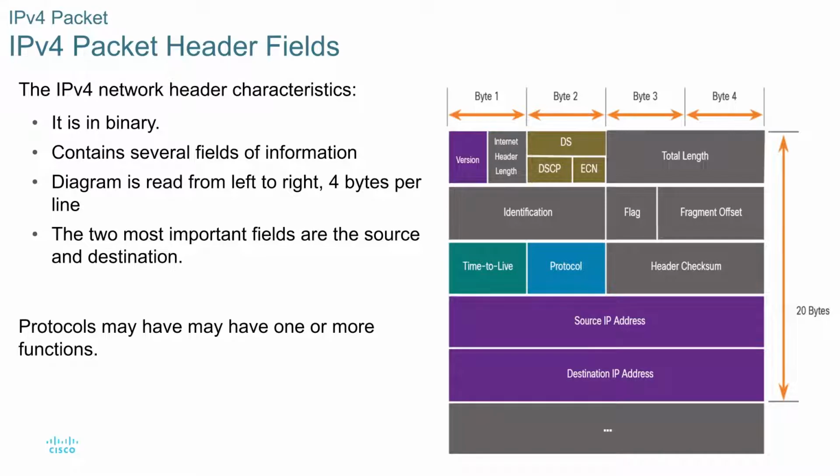As we can see here, first, all the information in the header is in binary. It contains several fields. The diagram to the right is read from left to right and top to bottom. The first field is the version. This would tell us whether we are carrying IPv4 or IPv6.